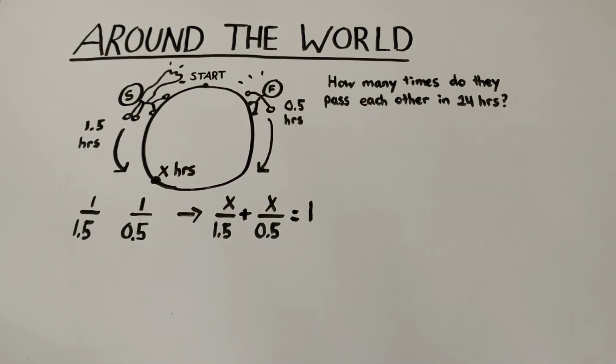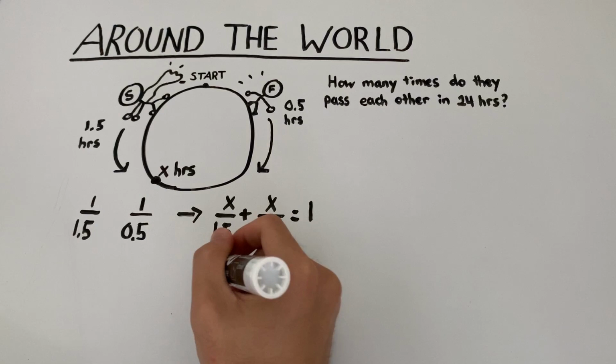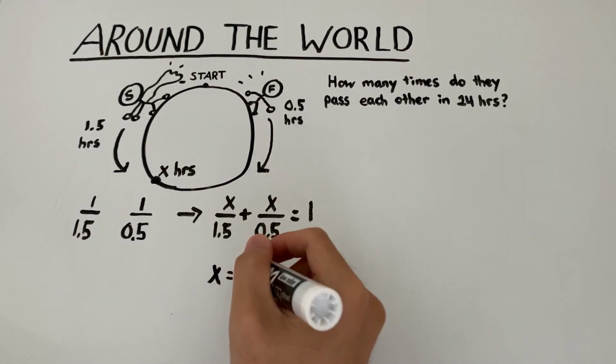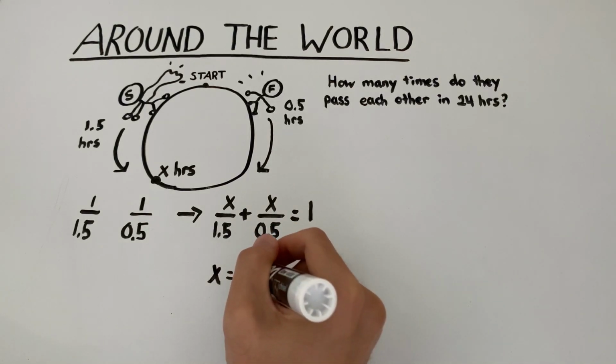So we can find X, or the first time when Superman and Flash meet. When you solve that, you will find that X ends up being 3 over 8.